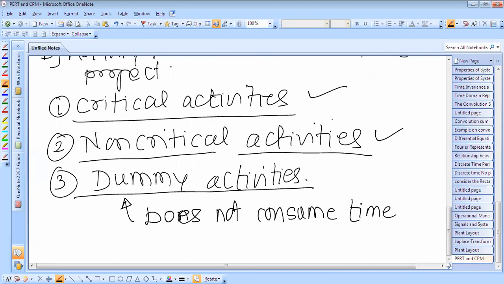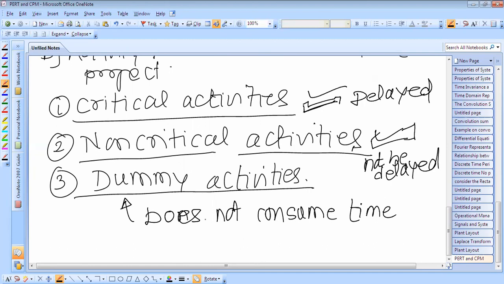Critical activities are those activities which, if they consume more than their estimated time, the project will be delayed. But in a non-critical activity, even if the activity takes time over and above the estimated time, the project will not be delayed.